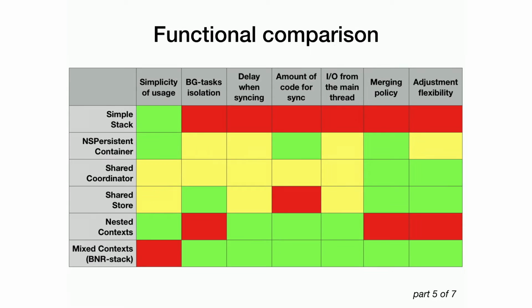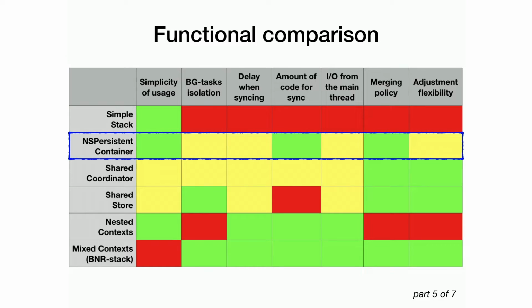Okay, I did some comparison between these models. Here you can see the models, and I tried to extract some features from the stacks and compare the models feature-wise. If you see a red square, it means that this model is the worst compared to the others in this feature, a green square means it's the best, and yellow is something in the middle.